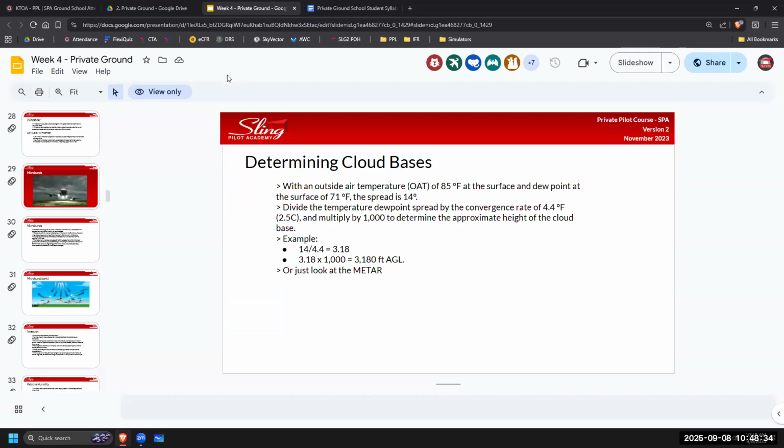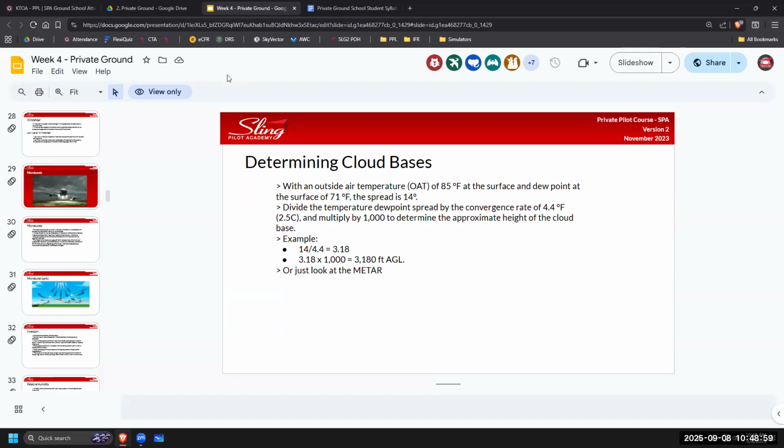Oh, look, it's marginal. Marginal VFR. Do we remember what marginal VFR is? Do you remember the specifications for what counts as marginal? Anyone wrote it down from last time?